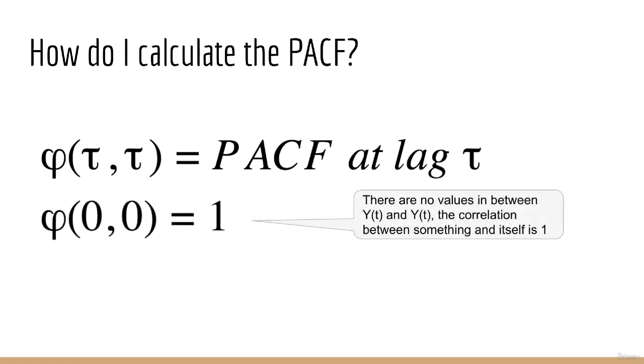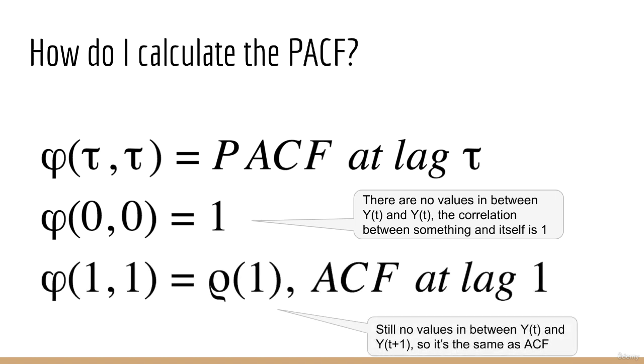This is because this is the PACF between y at time t and y at time t for any t, and therefore there are no in-between values, and it's just the same as the ACF. Furthermore, the same thing happens for phi 11 because again, there are no values in between y at time t and y at time t plus 1. Therefore, this just reduces to the autocorrelation at lag 1.